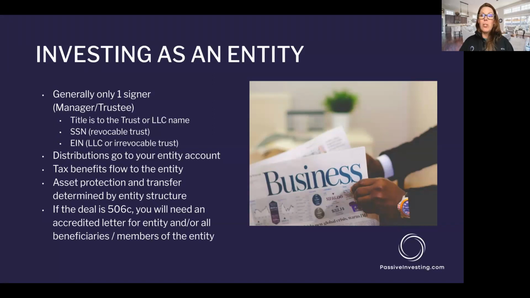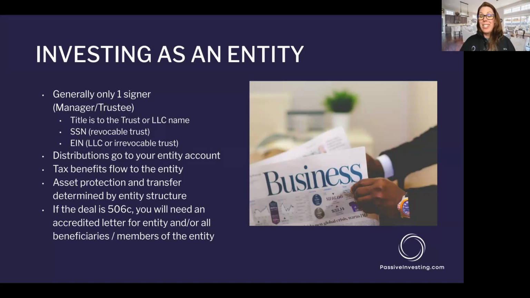If you're investing through a revocable trust, unless it has its own social security number, which I largely don't see, you're going to put down the social security number of whoever's signing the documents. If it's an entity like an LLC, you're going to put down the EIN of the LLC, or if it's an irrevocable trust, that irrevocable trust will have an EIN as well. That's what you're going to put down for the tax ID.